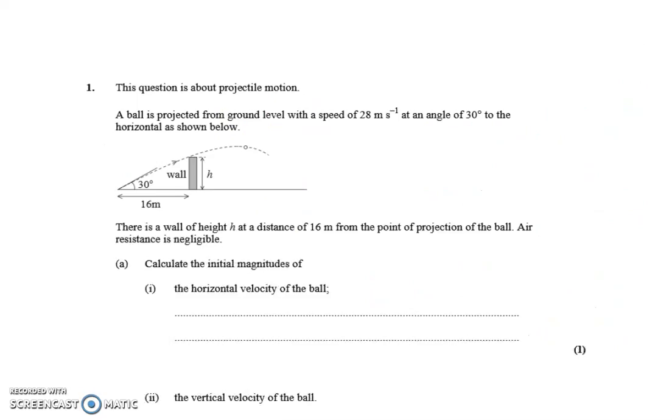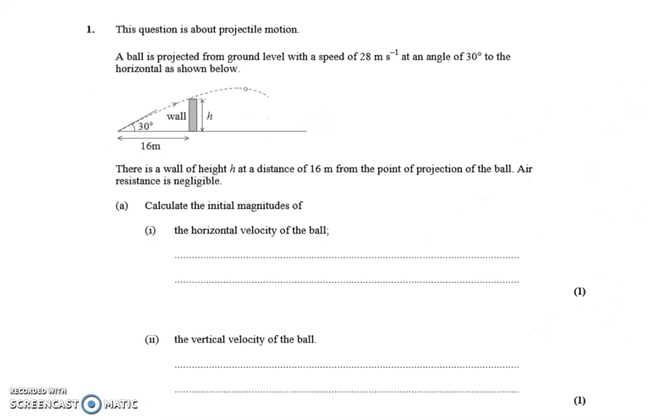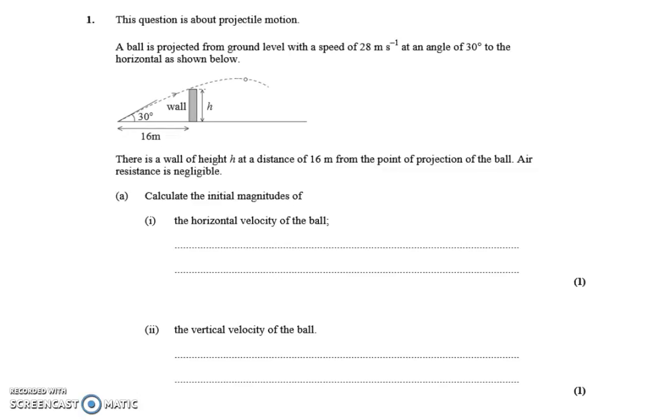All right, and then the last question, which is an IB free response, has an angle. You're firing it, it's got some wall, and you're trying to see what height it would be at the wall. The first two really are just doing some trig. So we have an object going at 28 meters per second at 30 degrees. So we're looking for the v naught in the x and the v naught in the y.